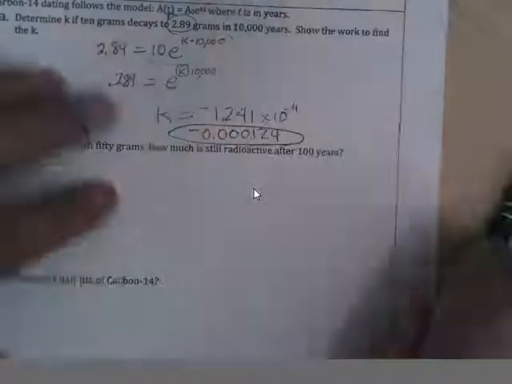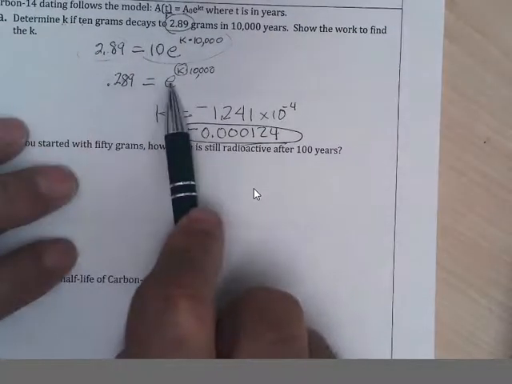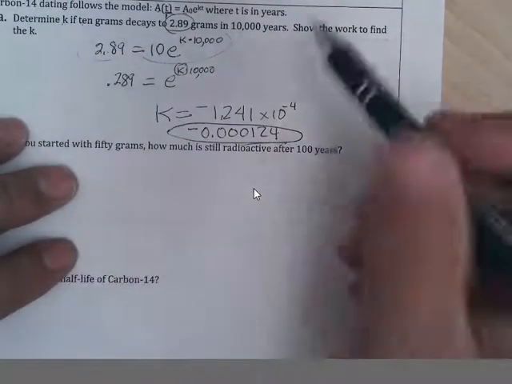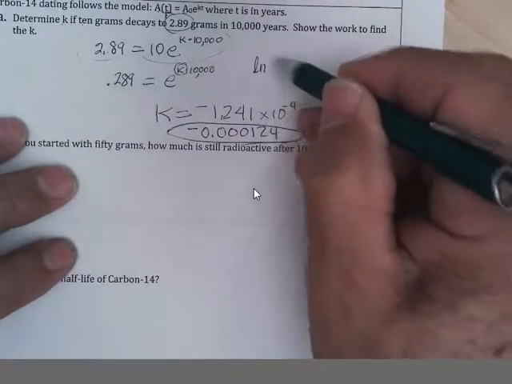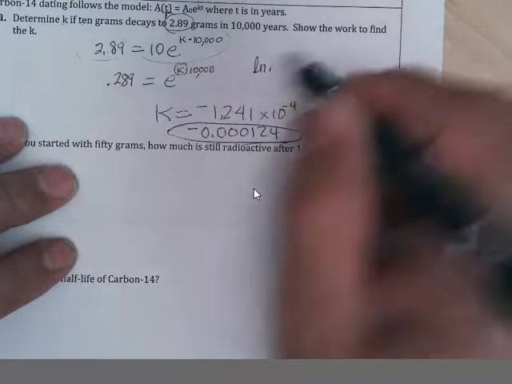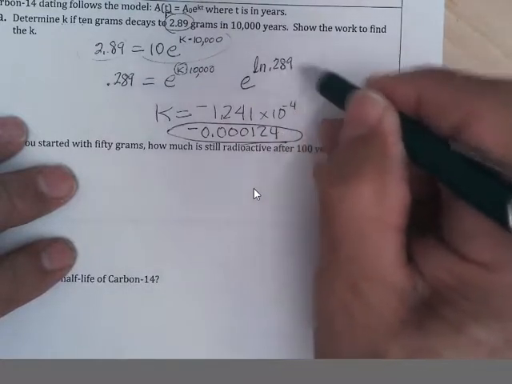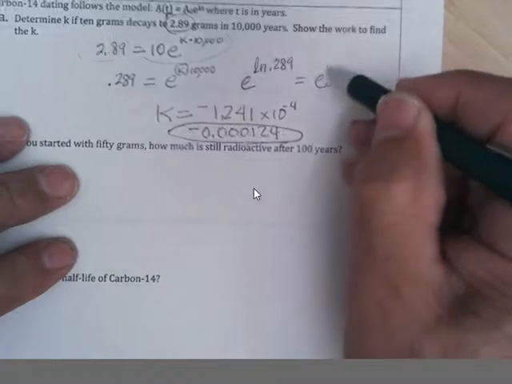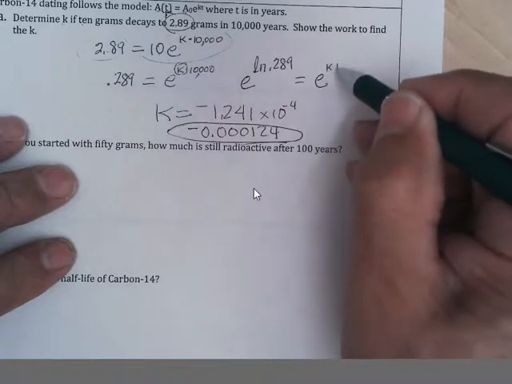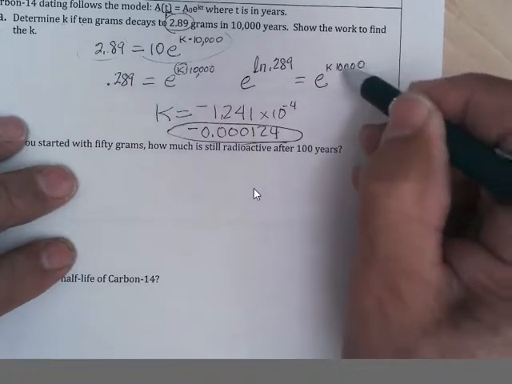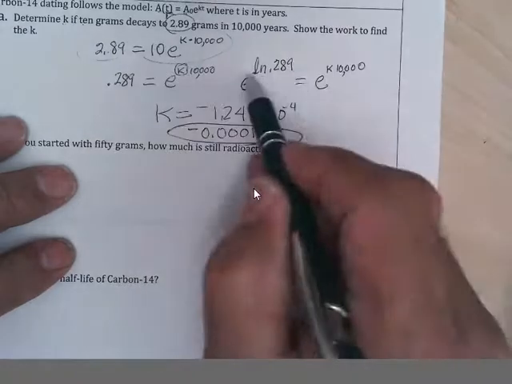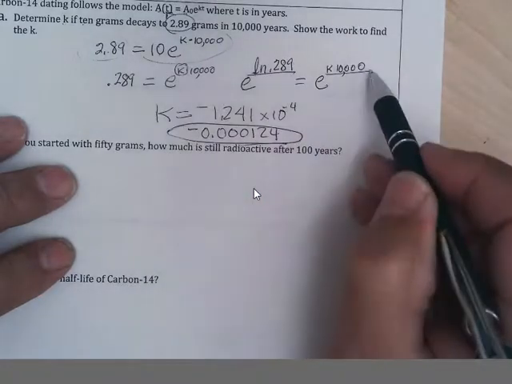Now the other way I could solve this is, that's in base e, so I could write this in base e, and so I could say ln of 0.289 equals e to the k times 10,000. So this has to equal that.